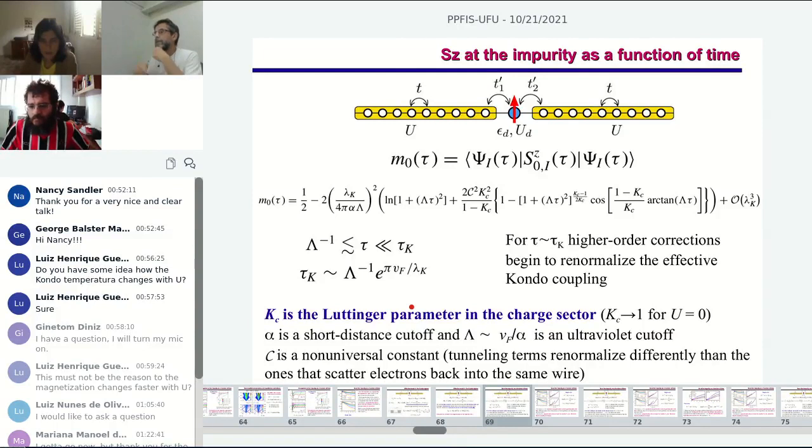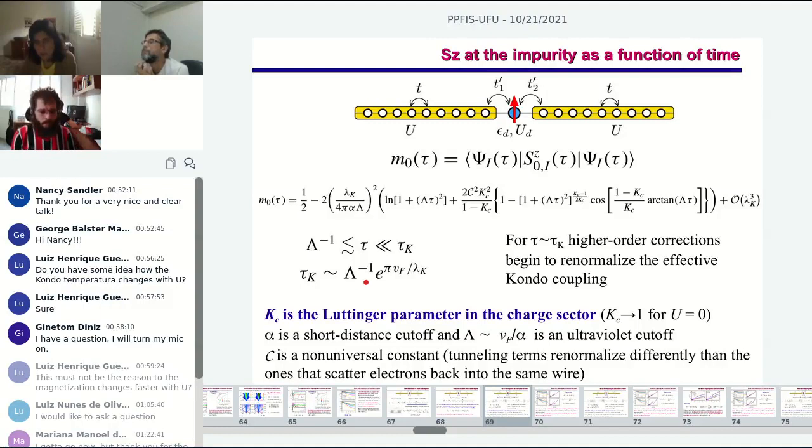So probably it is in that paper of Hiera and Gaza, right? I think it should go similar to this expression here, because this is the Kondo time, which is the inverse of the Kondo temperature.